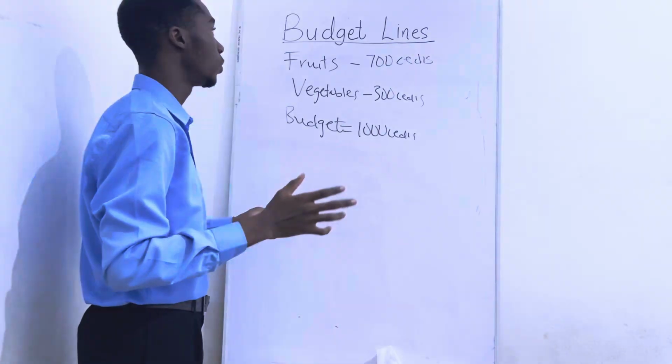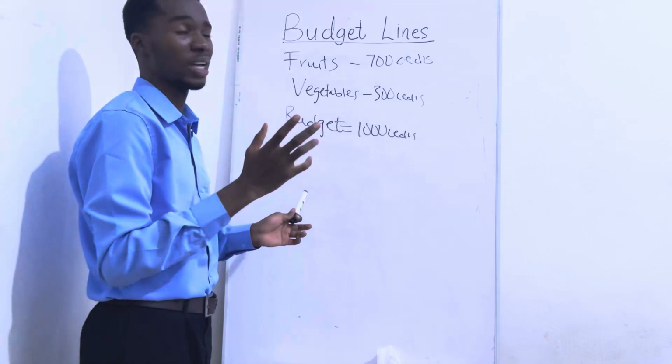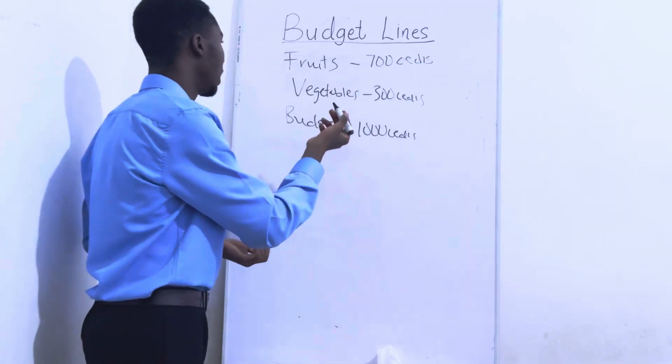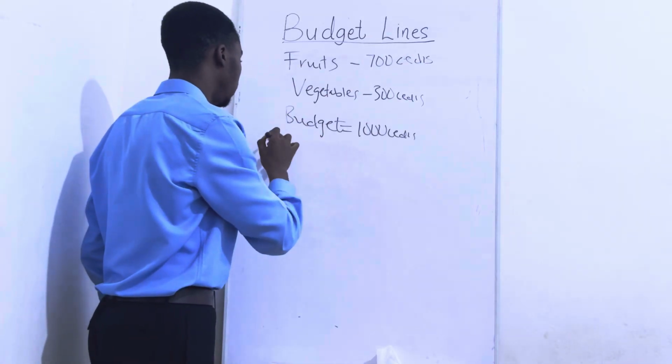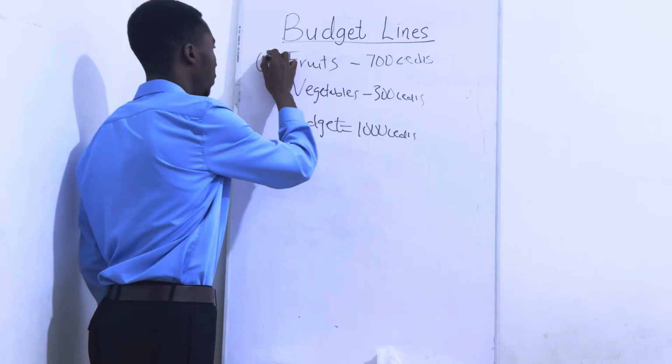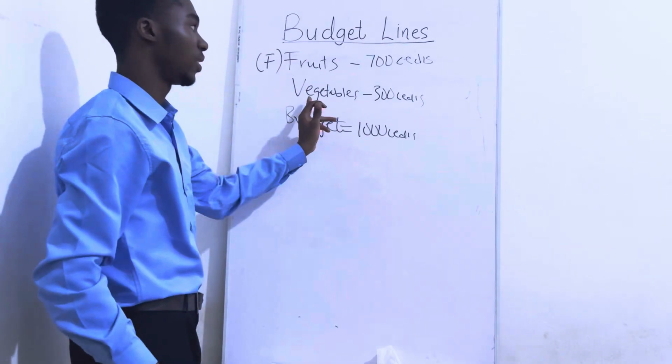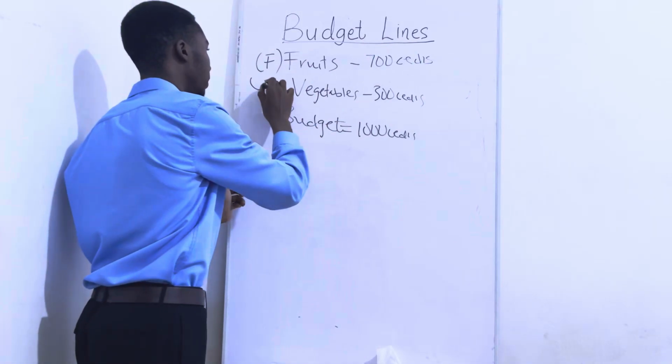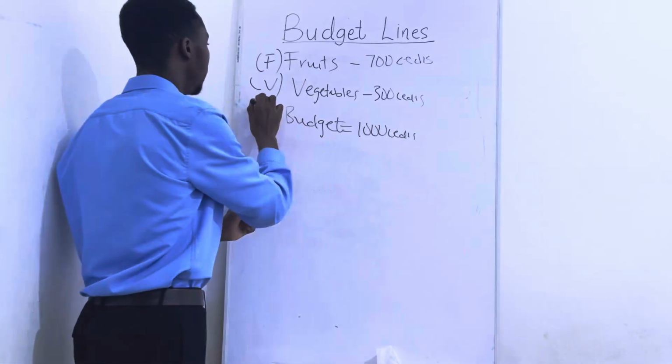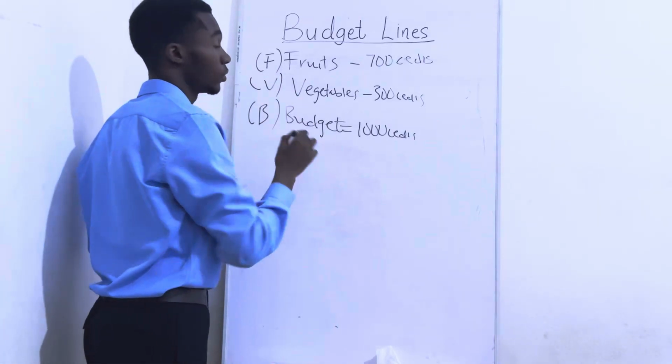So now if you want to represent this, or you want to write a budget line for this, we can let F represent fruits. So the fruit can be represented by F. Then the vegetables will be represented by V. Then the budget will be B. You get it?